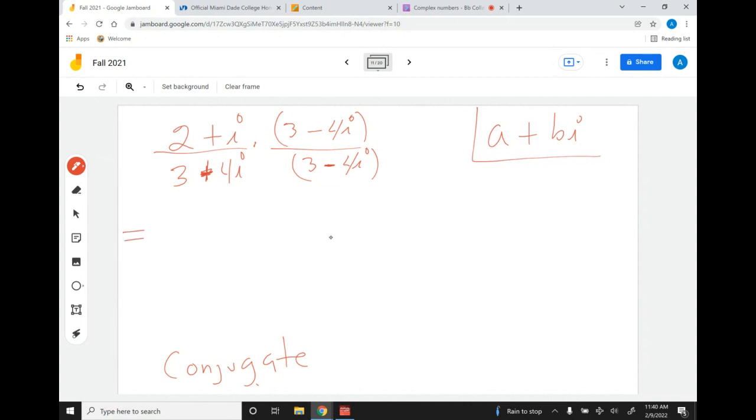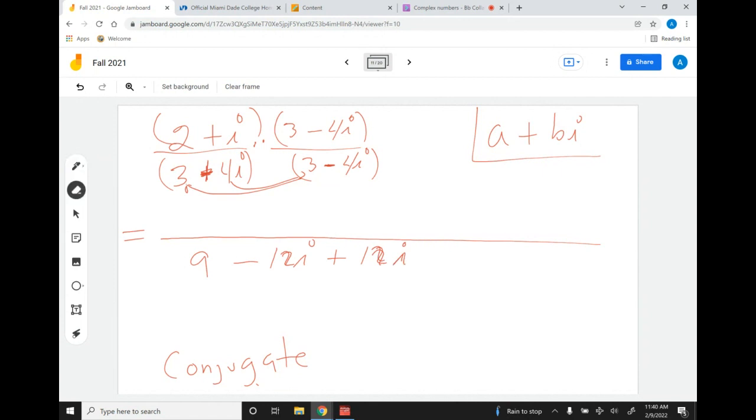Now, this time I'm going to multiply the bottom first. We're going to have a giant multiplication. So 3 times 3 is 9. 4 times negative 4i is negative 12i. And then I do the 4i times 3 is 12i.